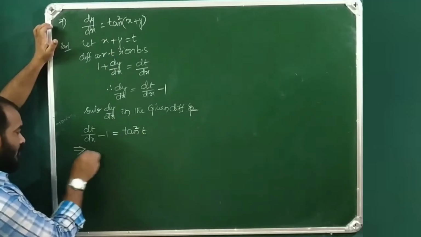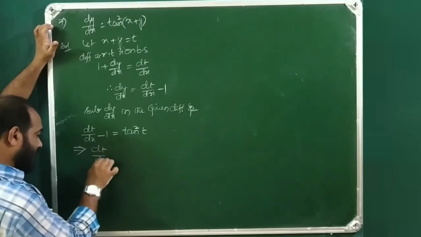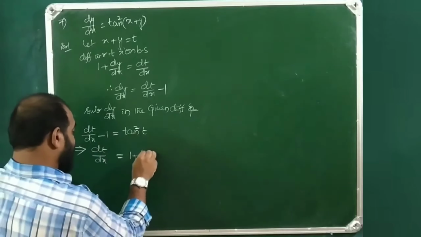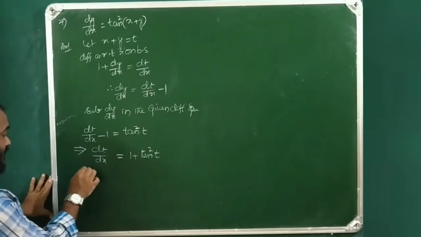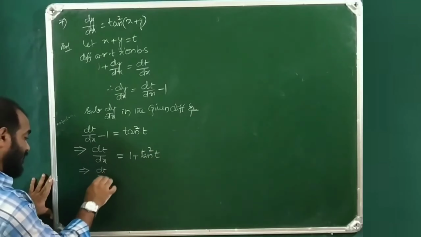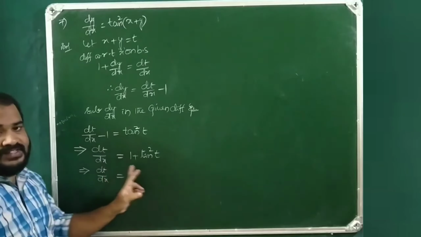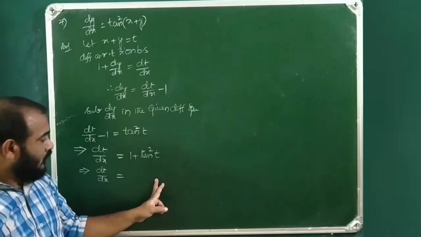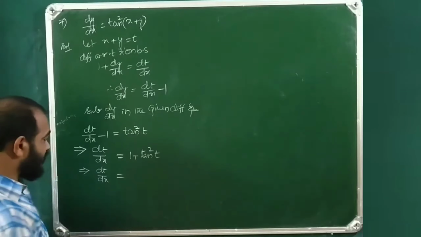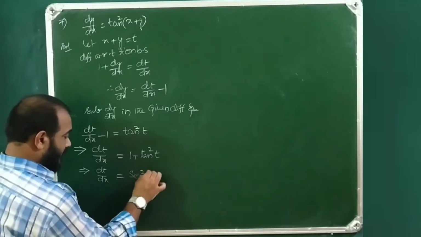This is equals to dt by dx is equals to 1 plus tan square t. Secant square t minus tan square t equals to 1. So secant square t equals to 1 plus tan square t. This is secant square t.